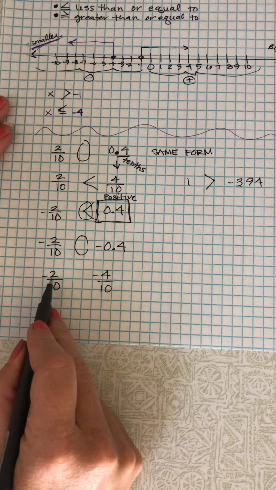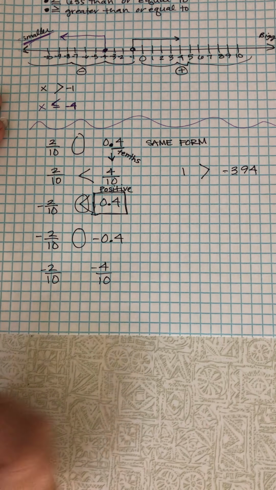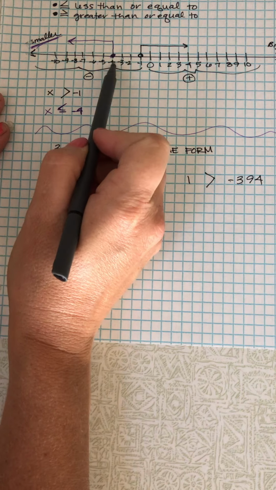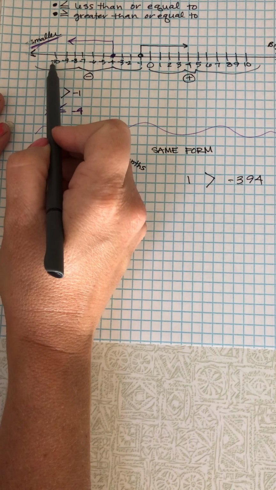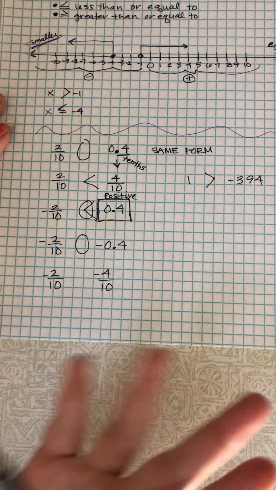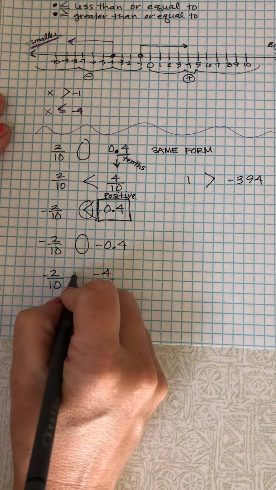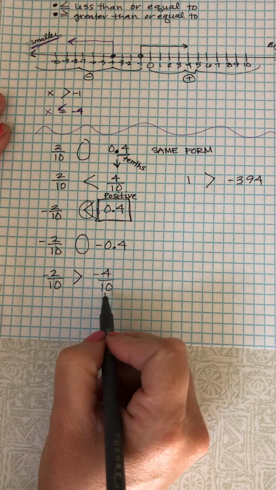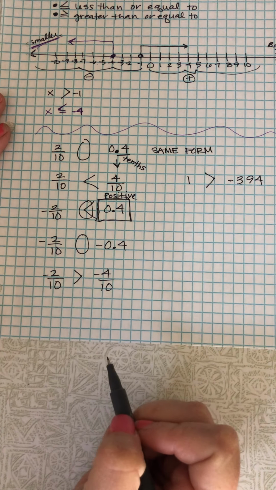So which number is bigger? I hope that you remember when we're talking about negatives, the bigger they are, the smaller they are, right? If they're negative, it's opposite. So negative 2 is finally bigger than this one when they're negative, okay?